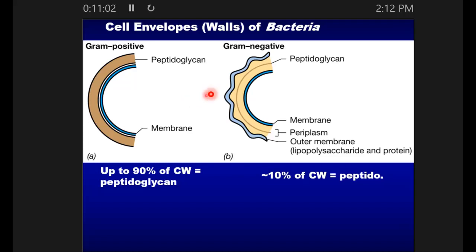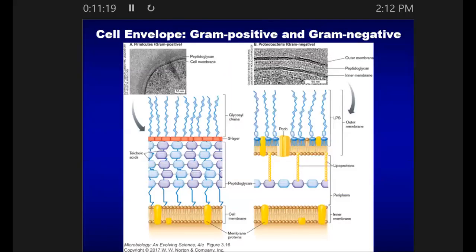Okay, and then the other thing you can see is that outer membrane with the gram-negative cell type. So 90% of the cell wall of a gram positive is peptidoglycan, only 10% with a gram-negative cell type. So what are we talking about? The cell wall of gram positives and gram negatives being depicted here.